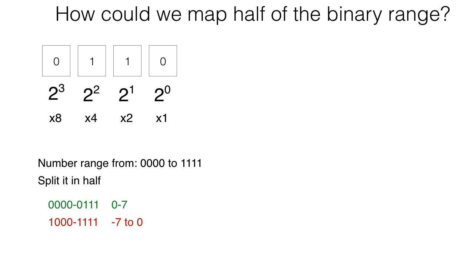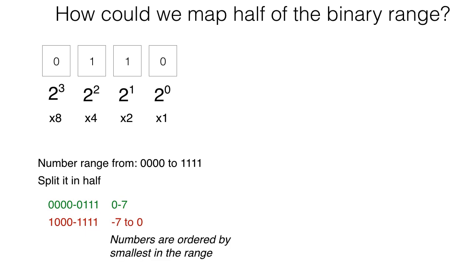So if I have numbers from 0 to 7, that's assumed to be positive. And the next half of my number range would be negative. So that would be starting at 1, 0, 0, 0, that's an 8, up to the 15 decimal, which is 1, 1, 1, 1. Okay, and that would be representing negative 7 to 0.